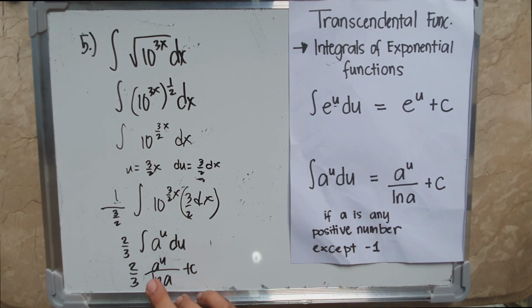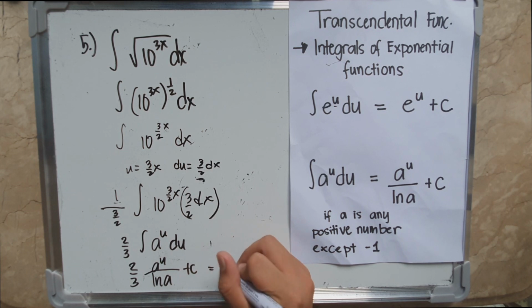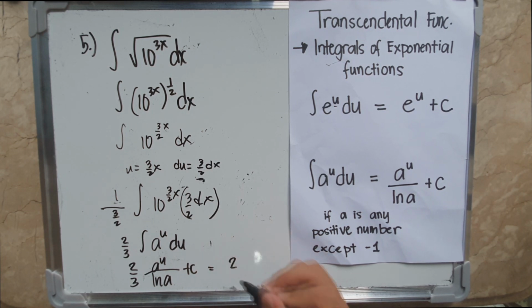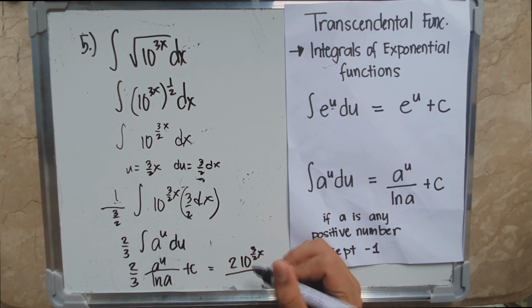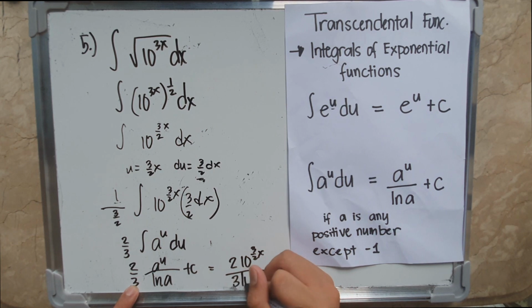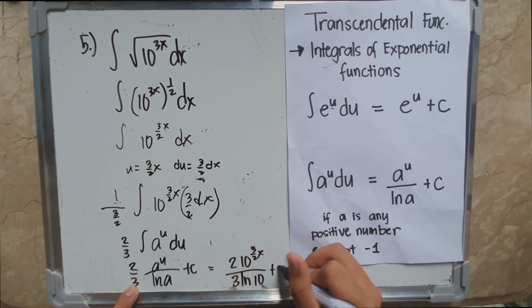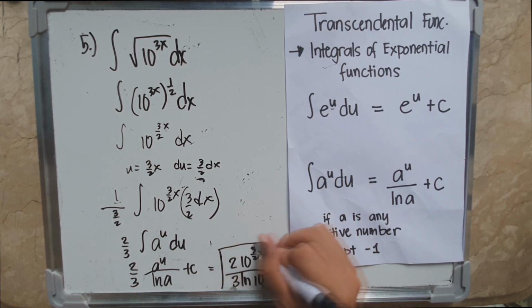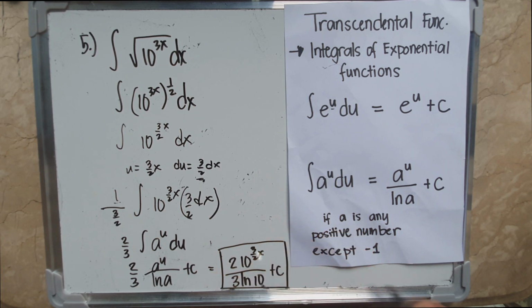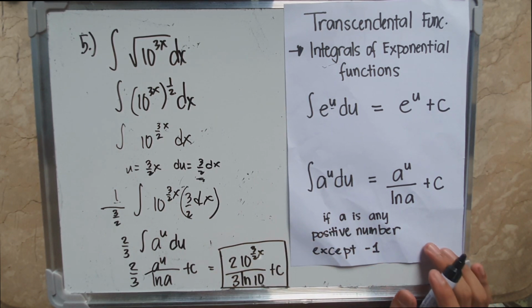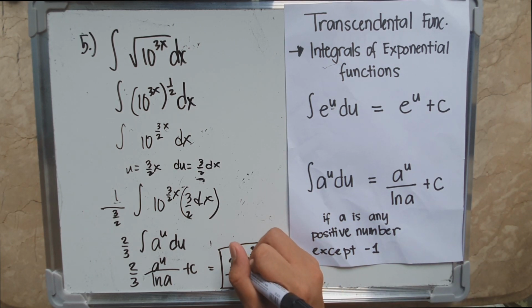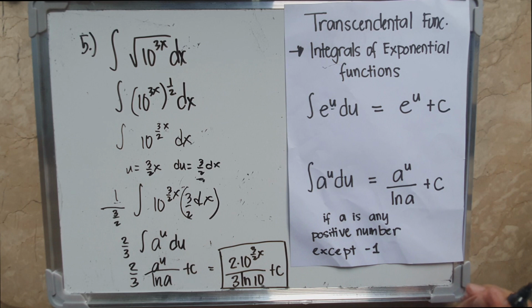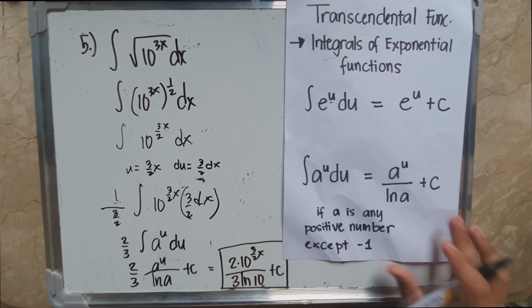Now placing back the values of a and u, we have 2. What is our a? 10 raised to the power of 3 halves x whole over 3 ln of 10 plus c. Now this will be our final answer. So we could put a multiplication symbol right there.